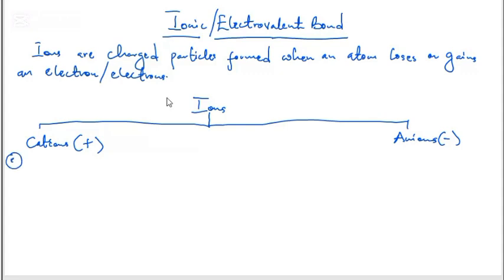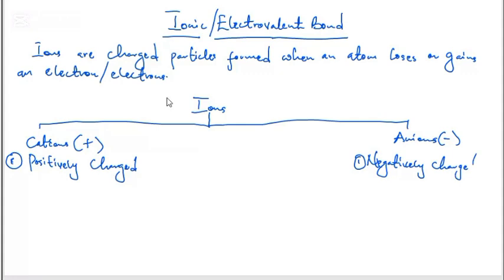Number one, cations are positively charged, while the anions are negatively charged. Cations form ions by losing electrons. For them to become positively charged, they lose electrons, and that means your protons will now be more than your electrons. That is what makes them positively charged.